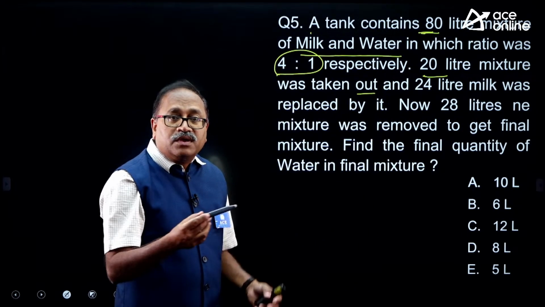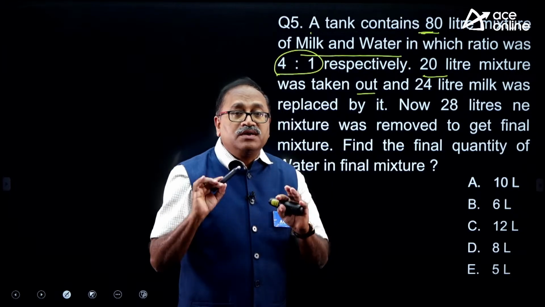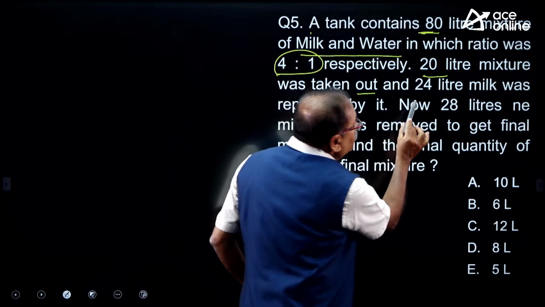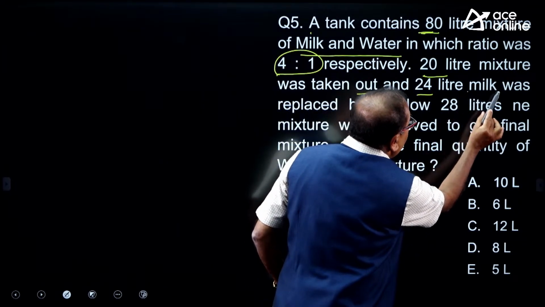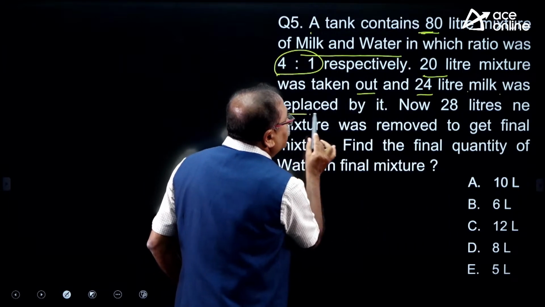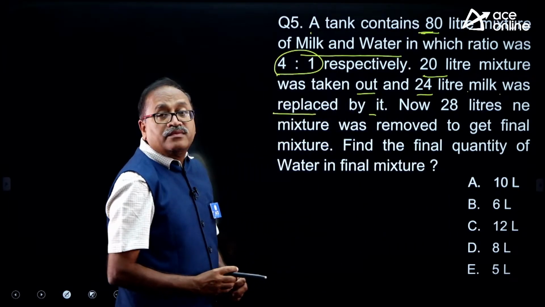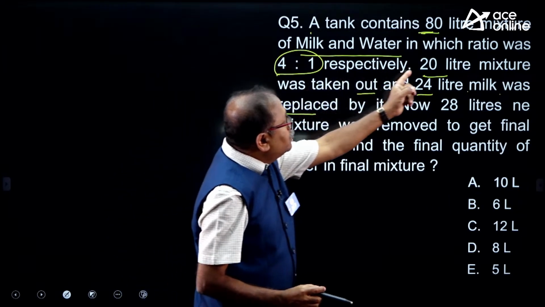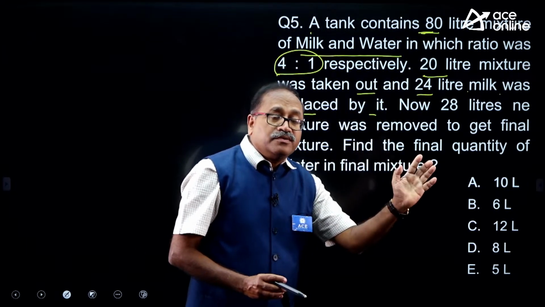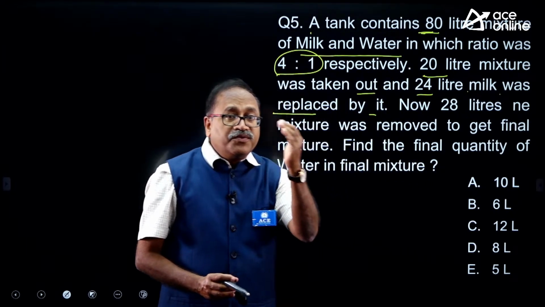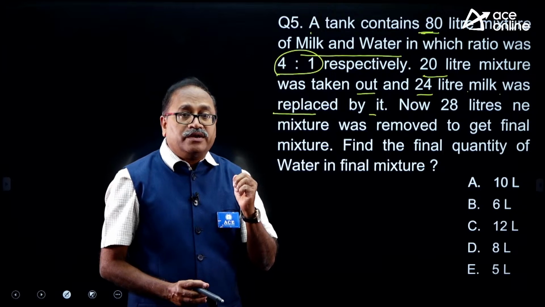But this time, 20 liter of water is not added. 24 liter of milk was added instead. It is said that 20 liter mixture is taken out and 24 liter milk is added.